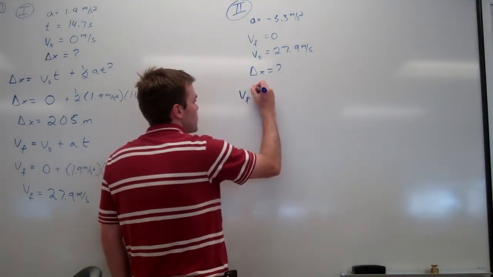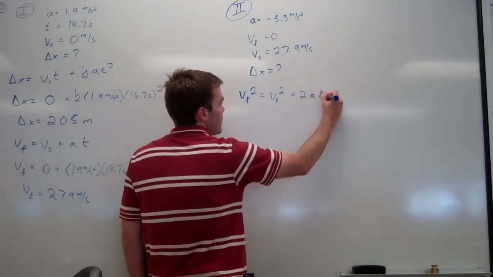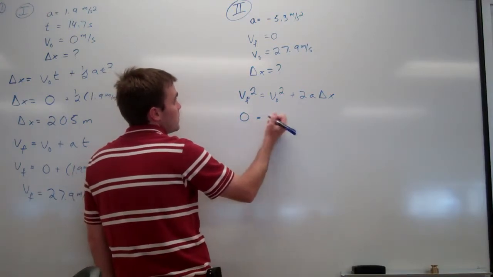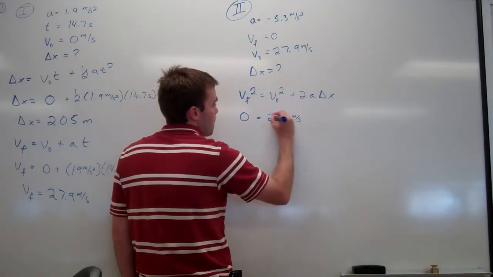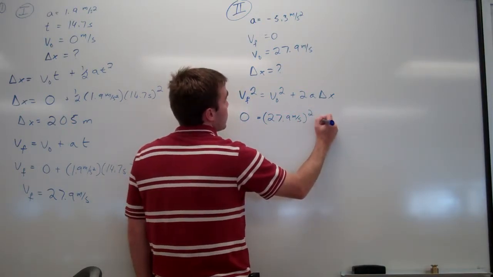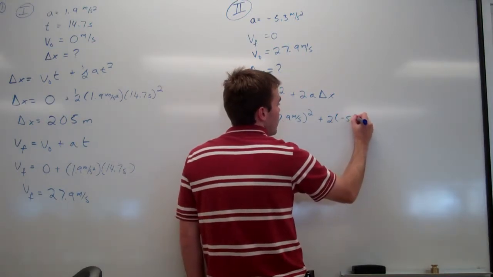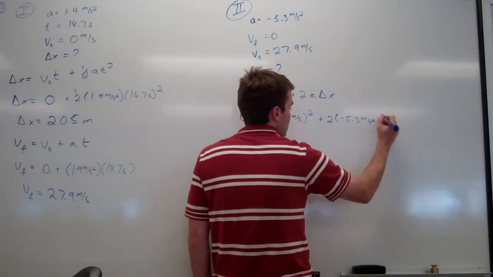Use VF squared equals VO squared plus 2a delta x. 0 equals 27.9 meters per second, quantity squared, plus 2 times negative 5.3 meters per second squared times delta x.